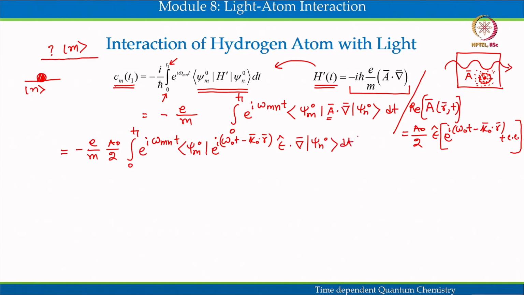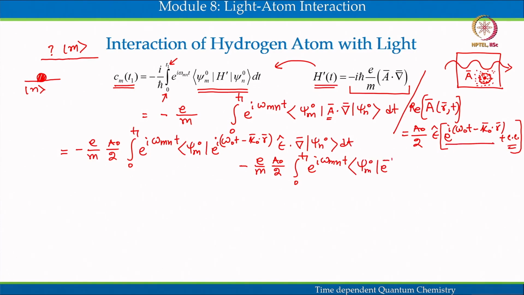So this is one term. Another term would be minus e by m A naught by 2, then 0 to T1 e to the power i omega mn t, then this integration e to the power, now this CC, complex conjugate, which means the complex conjugate of this term.